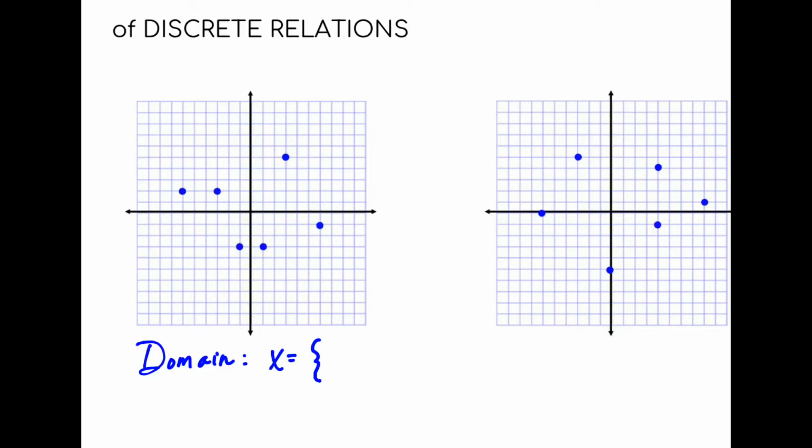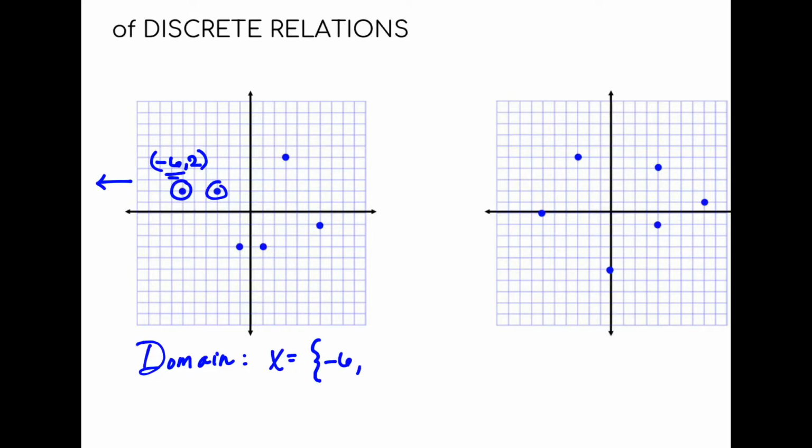Okay, so I'm going to look at the lowest x value that is a solution to this relation. So I want to look to the left, because we know the lower x values are on the left side of the x-axis. This point right here is the point -6, 2. So that's going to give me one value, -6, that's in my domain.